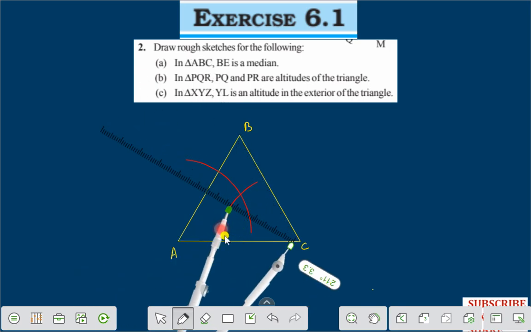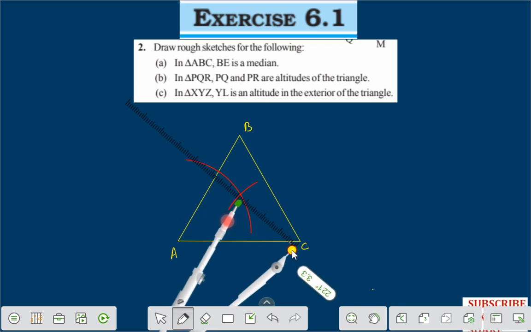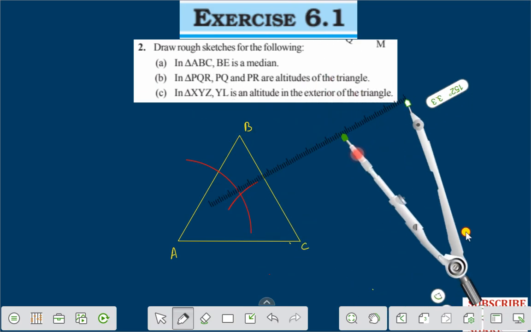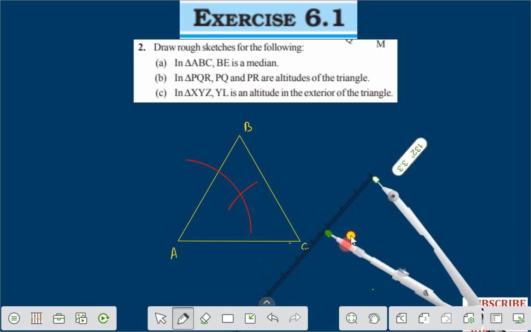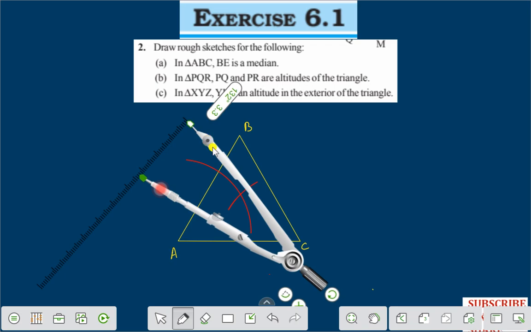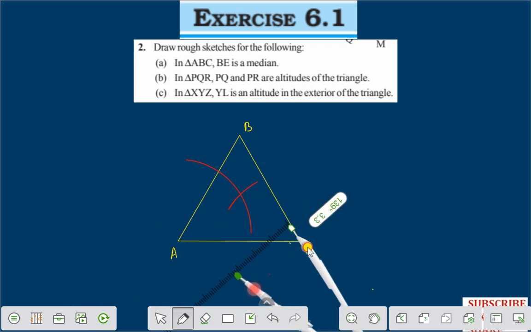Again, take this pointer at point C and draw another arc. Take this pointer at point C and draw another arc here. Take this pointer at point C and draw an arc.